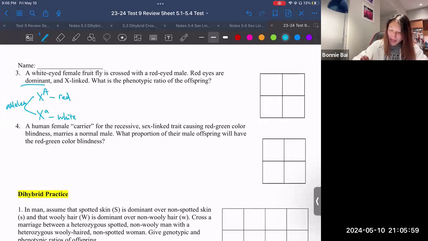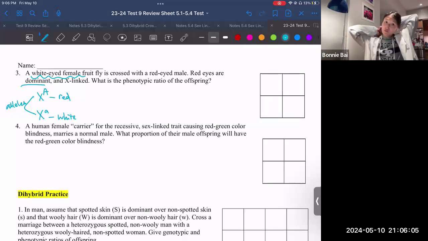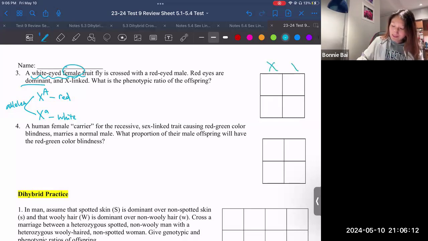So we have a white eye female. I don't know if it's homozygous or heterozygous, but if it's white eye, that's recessive, it has to be homozygous, right? So it says female. The female tells me it's an XX. The white eye tells me it's X little a, and X little a again. Then we're crossing it with a red-eyed male. A male tells me it's XY.